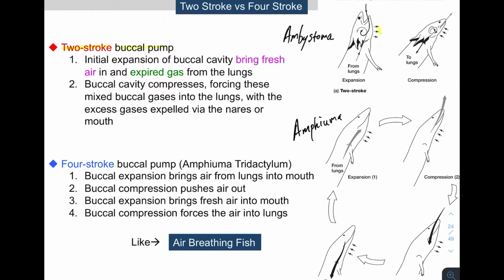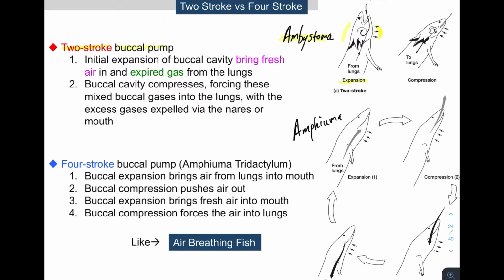And so the two-stroke mechanism, which is depicted here in Ambystoma, is where in the first phase we have expansion of the buccal cavity. And again, this is the musculature that's going to be around the face area. And that expansion is going to do two things.